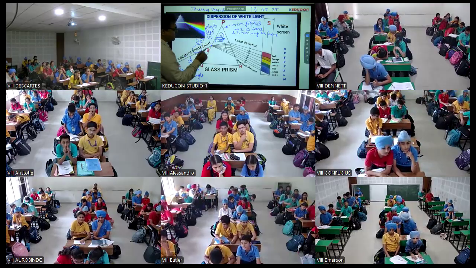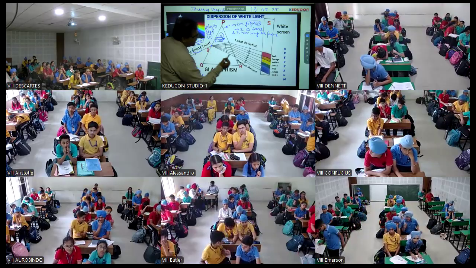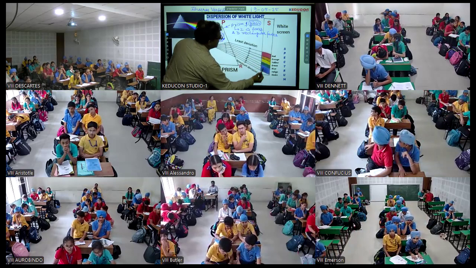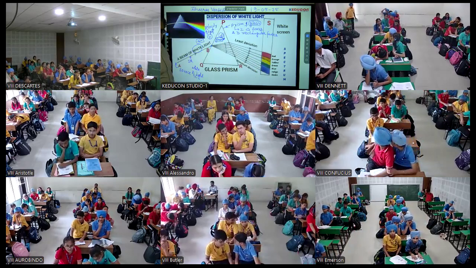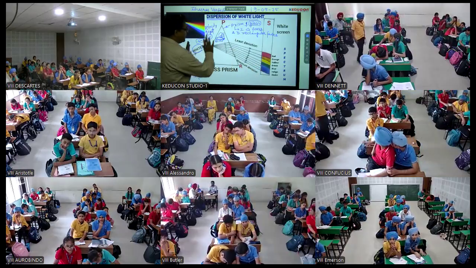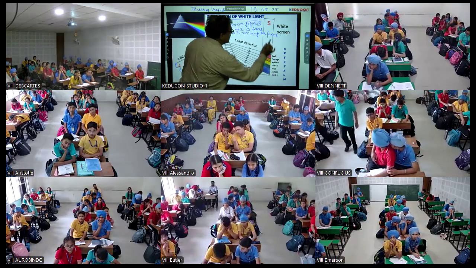Now you see, after entering into denser medium, this white light gets split into the seven colors, seven constituting colors. These seven constituting colors have been drawn by a certain student on the drawing sheet.